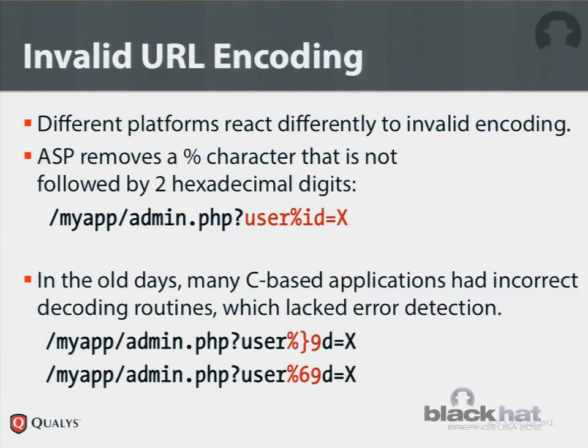You can submit any payload to it, and you can place a number of percentage signs within your attack payload, and ASP will be very helpful and remove those for you. On the other hand, PHP will leave the percentage sign. And then in the third case, we have some applications that convert invalid URL encodings.